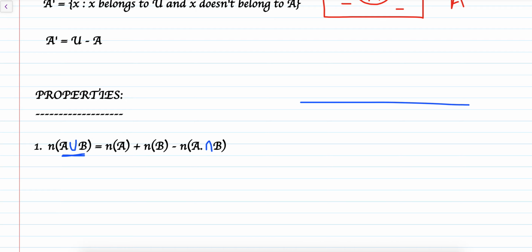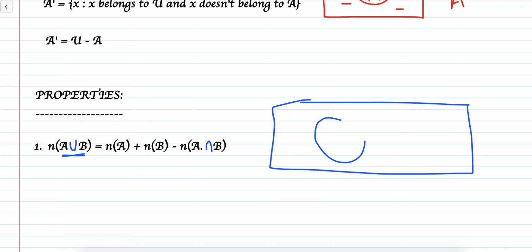So why this is true? So here we have A and this is B. So what is A union B? Remember this complete region. A union B is this complete region.